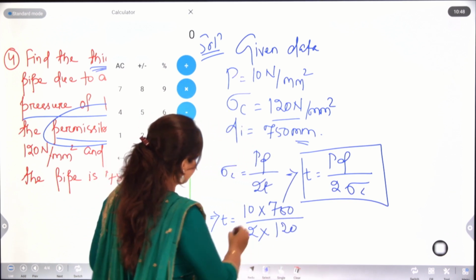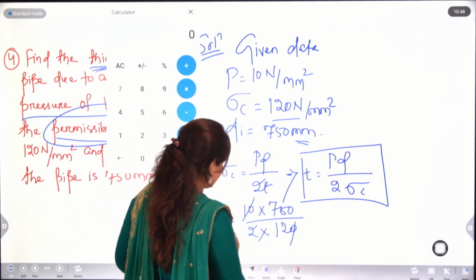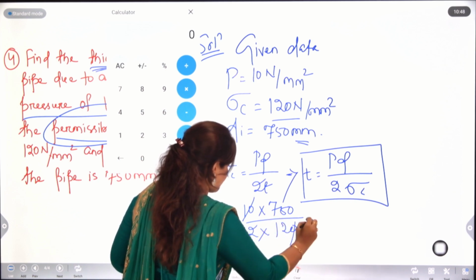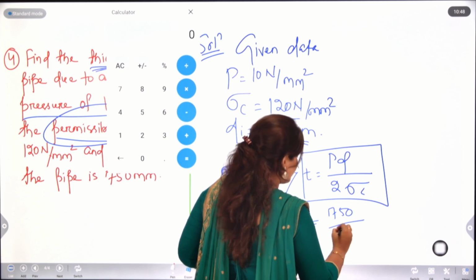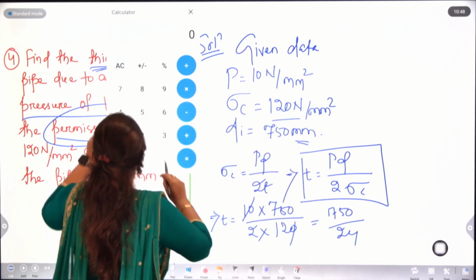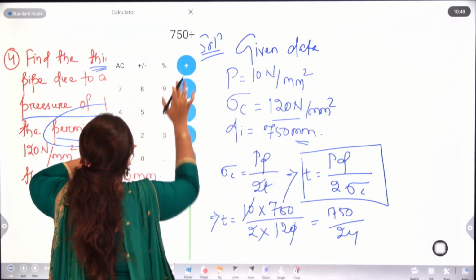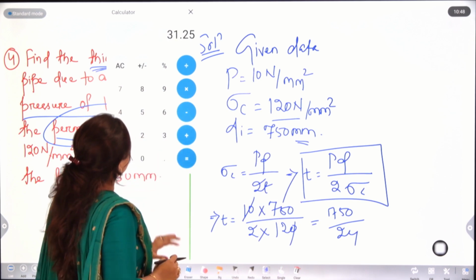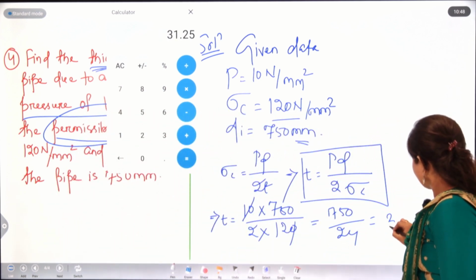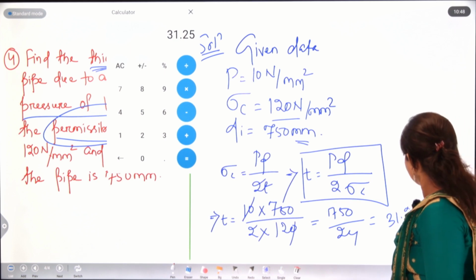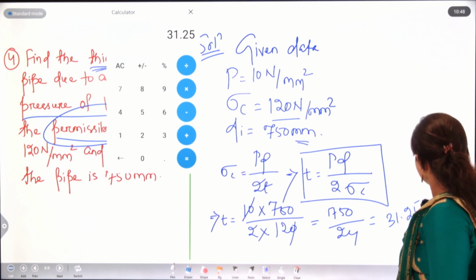So 10 and 20, okay, we have 750 upon 24. Here our thickness is 31.25 mm.